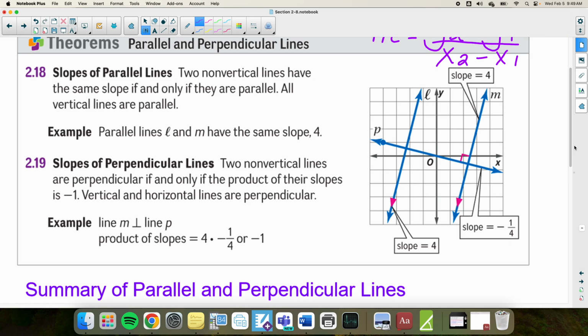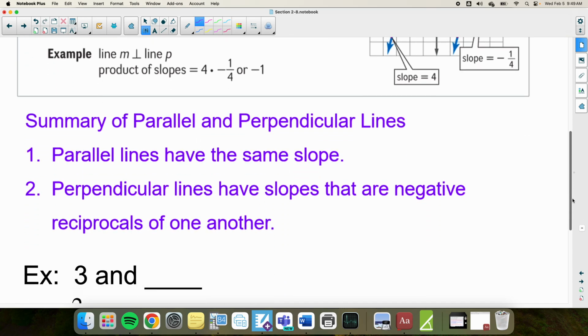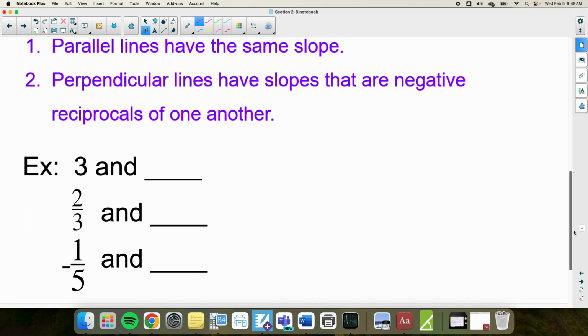For them to be parallel, they have to have the same slope. So if one was 2/3, the other was 2/3, that tells us those are parallel lines. For perpendicular lines, they're opposite reciprocals of one another, or you can think of it as negative reciprocals.